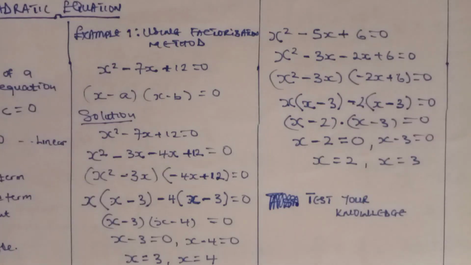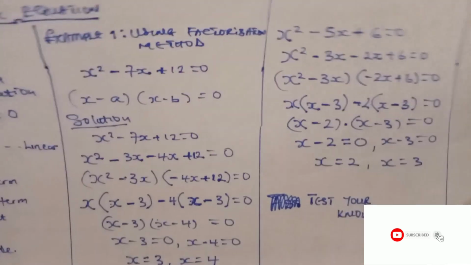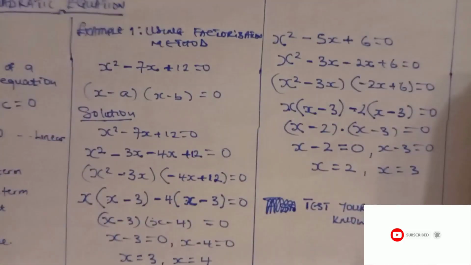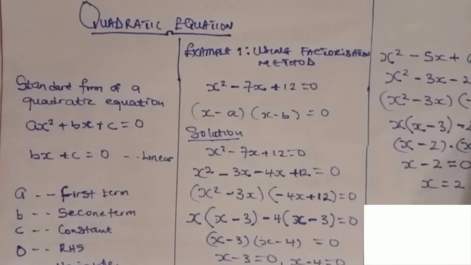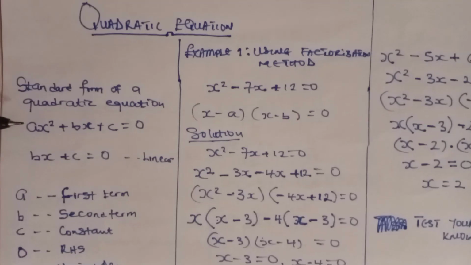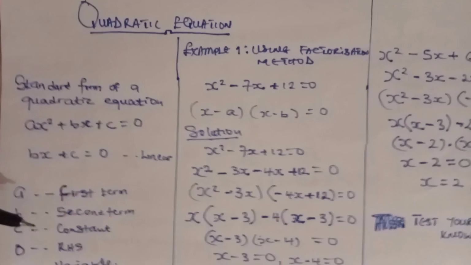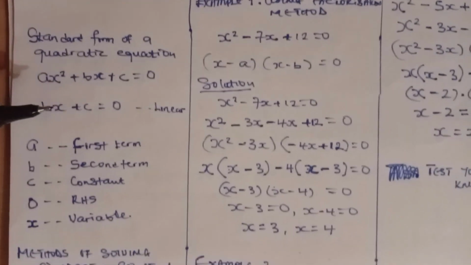So we have been able to provide solutions to 2 questions on quadratic equations using the factorization method. Again, the normal form for a quadratic equation is this, and this is the explanation of what these terms mean.